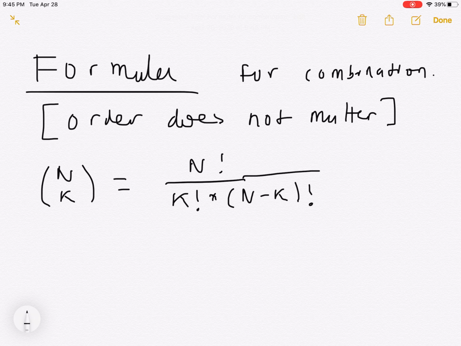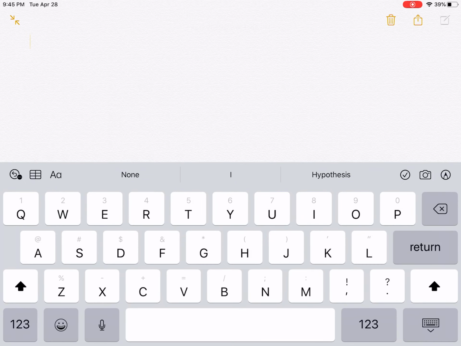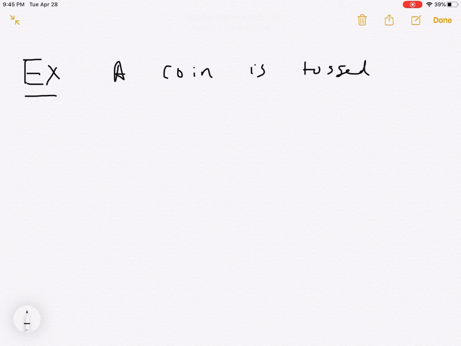Okay, and that is the formula for combination. Okay, so with that, I'm going to give you one last example on counting. Okay, and this is going to be your example. A coin is tossed 3 times.